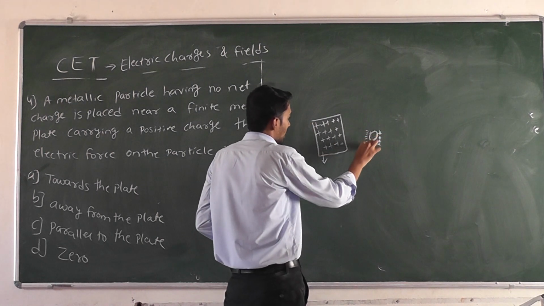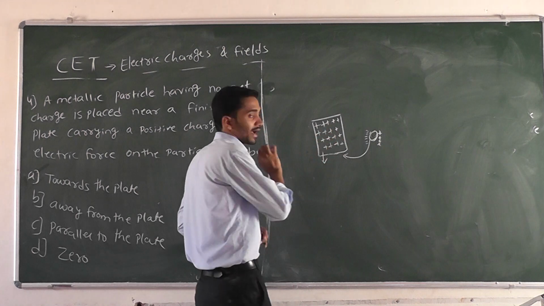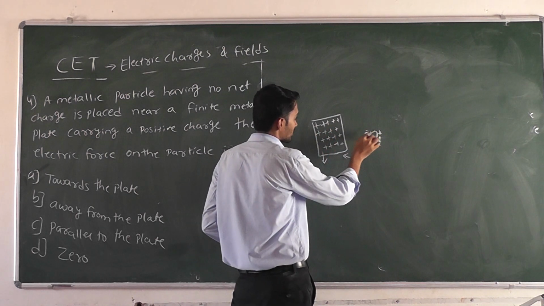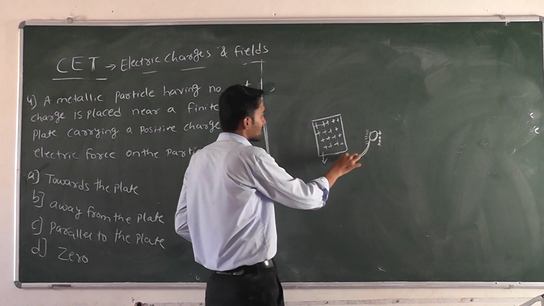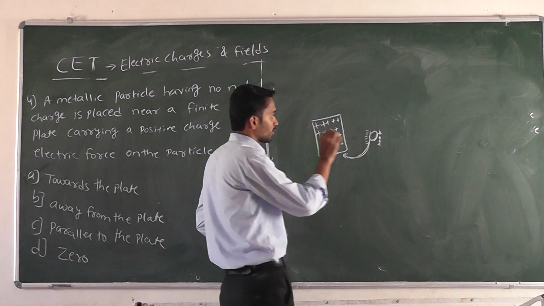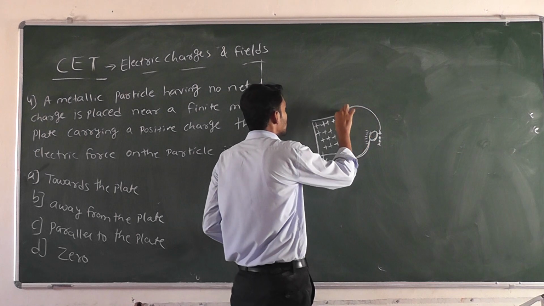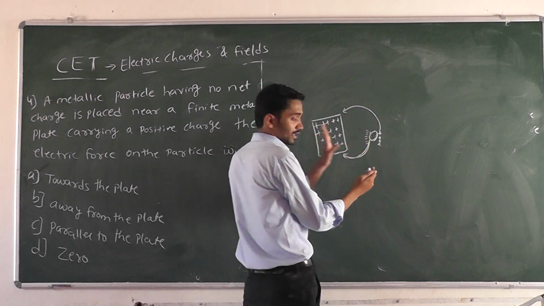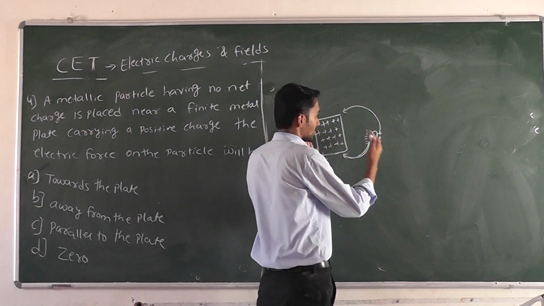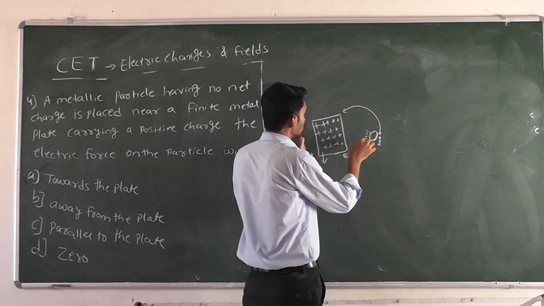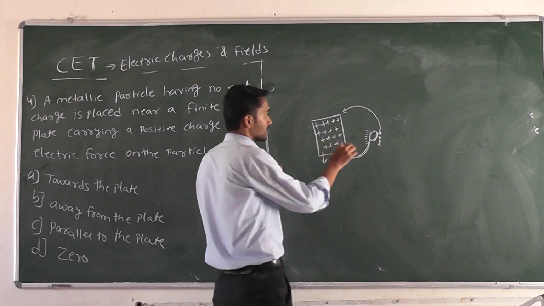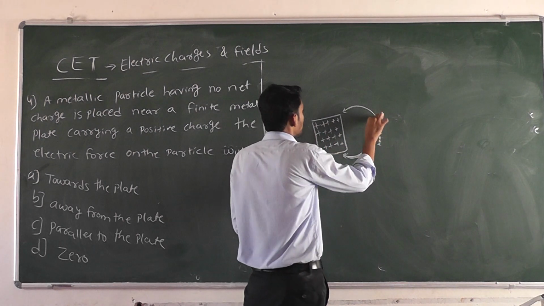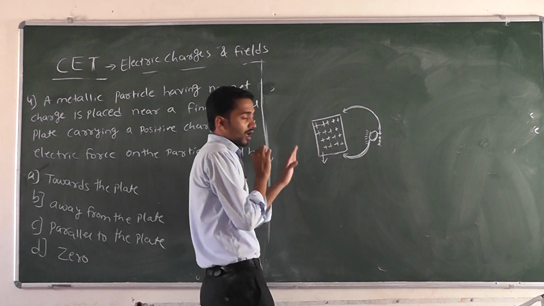These negative charges are near the finite plate, while these positive charges are away from the finite plate, because they are separating.